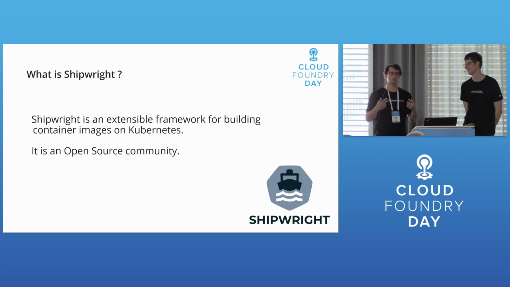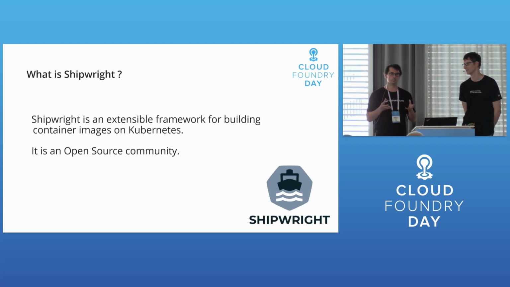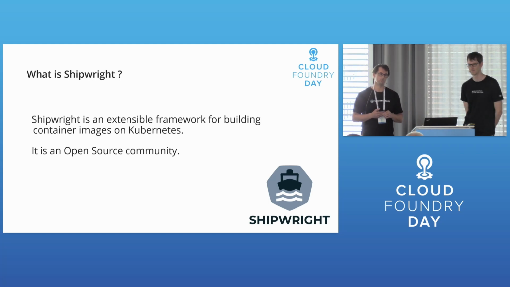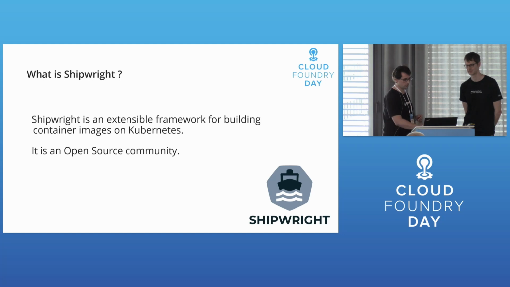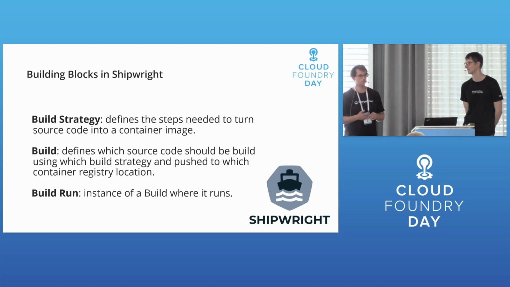If you do care how it's done, this would be Shipwright for us. So Shipwright is an open source, vendor neutral community where we basically baked build capabilities for source code and these builds run natively on Kubernetes. And this is actually what we use under the cover, for instance, in Code Engine.